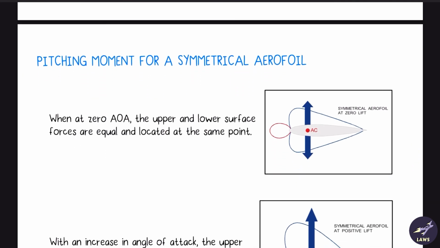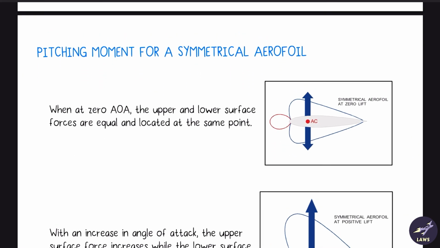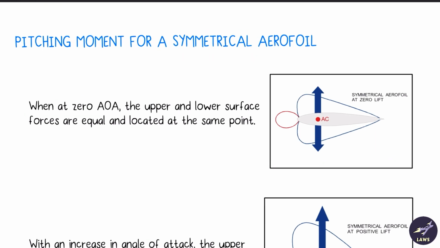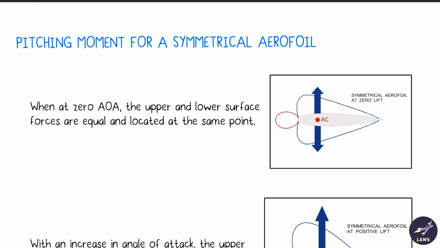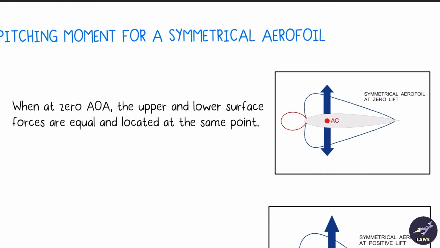Now we look at the pitching moment for a symmetrical aerofoil. When at zero angle of attack, the upper and lower surface forces are equal and located at the same point. Basically there is no difference in pressure.